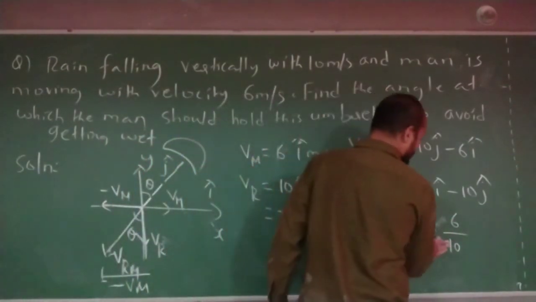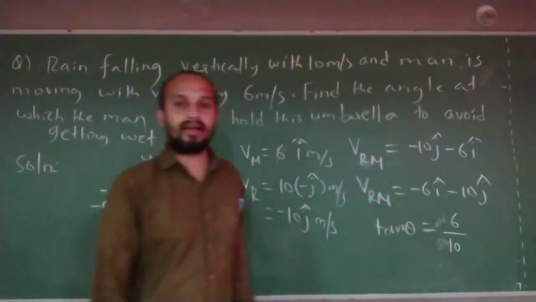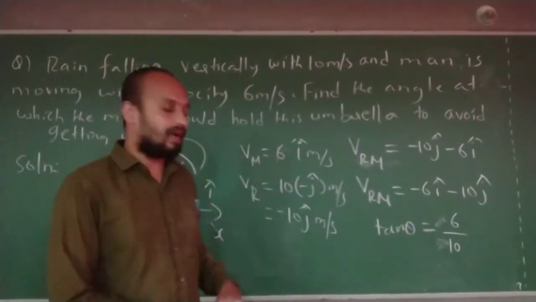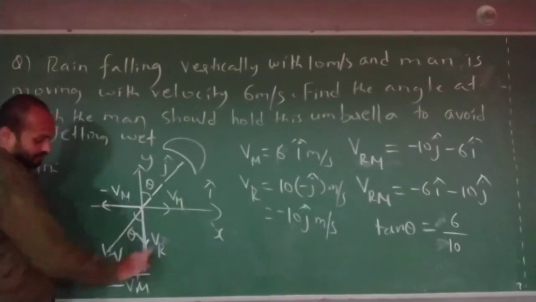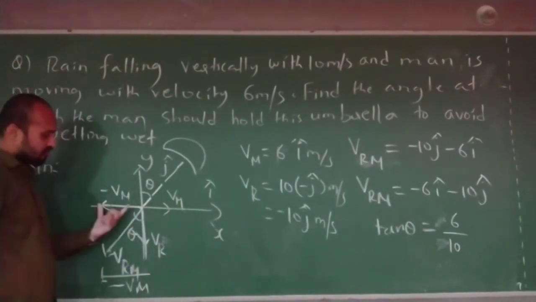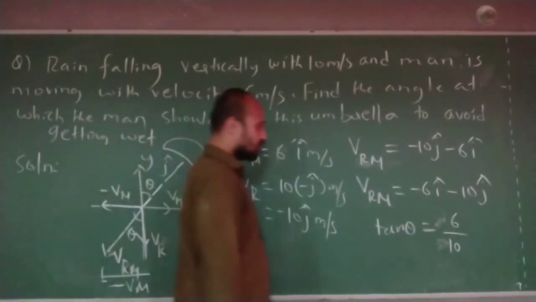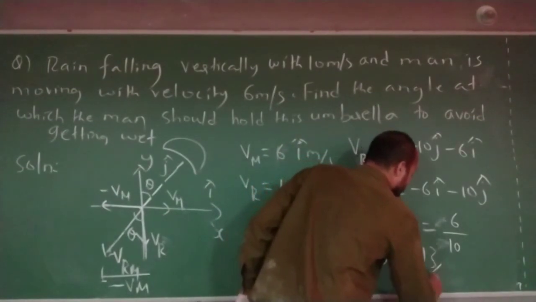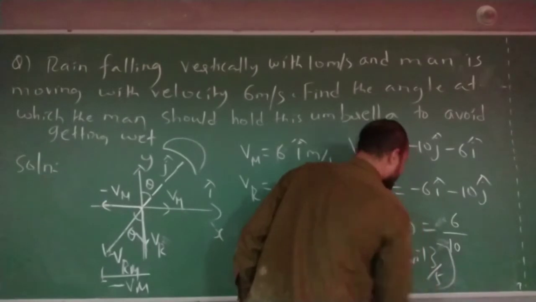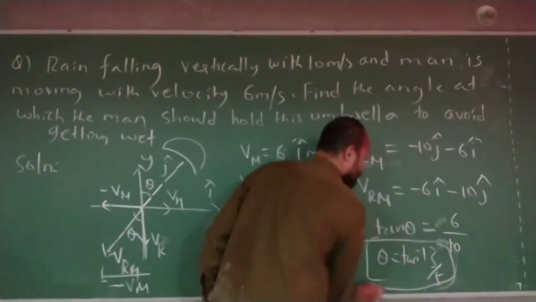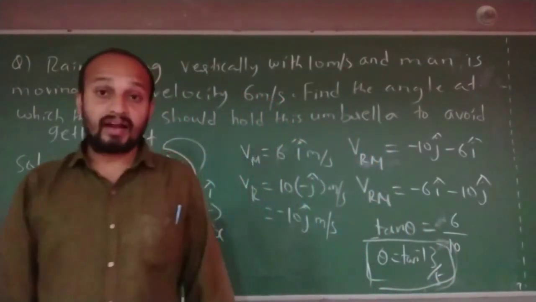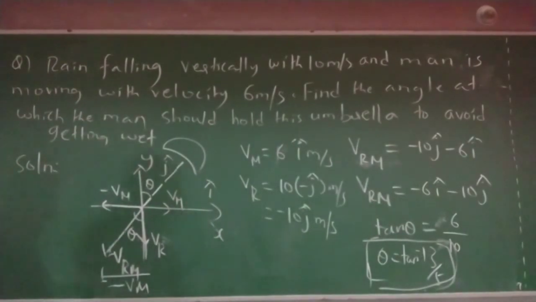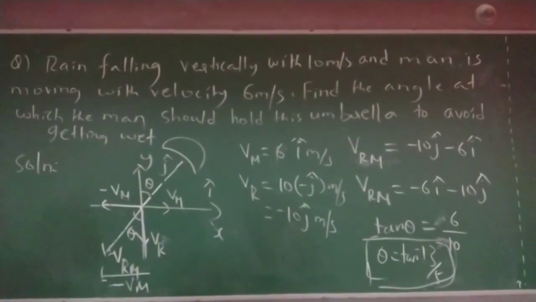That means I have to take only 6 by 10, not even the minus sign. Because for tan theta I am measuring the opposite side. This will be opposite by base. Opposite is 6, base is 10. So theta is equal to tan inverse of 3 by 5. This is the answer. Okay, this is the answer. Understand the technique of how I am solving. This is one umbrella problem.